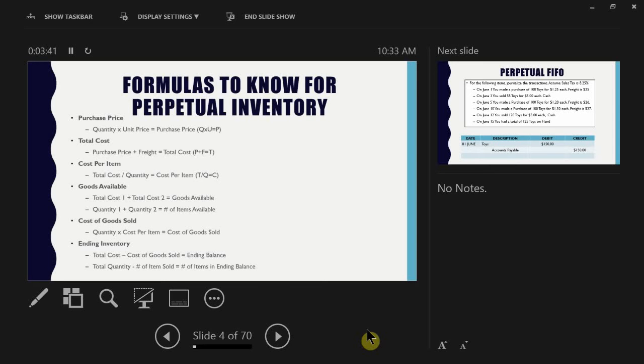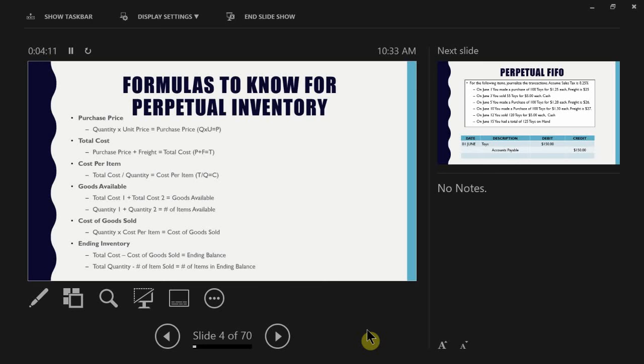Cost of goods sold. Once again, we're going to be introducing a new table for the cost of goods sold that allows you to calculate how much each item is going to cost you to sell, right? Hence the words cost of goods sold. In this case, our table is going to look at quantity, the cost per item, which we're going to calculate per batch, and the total of that cost of goods sold, so we can subtract it out of our inventory.